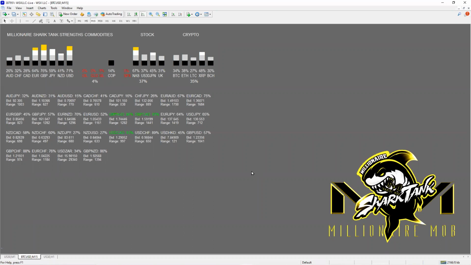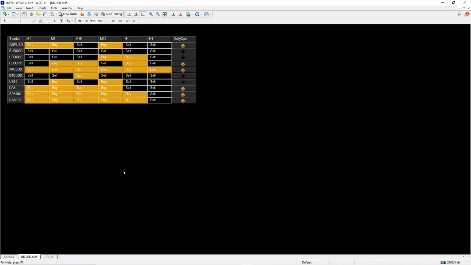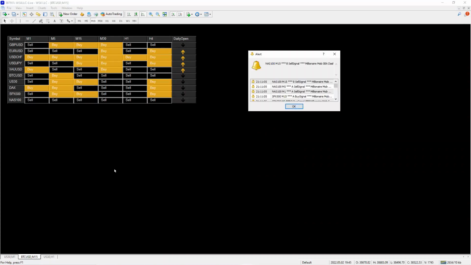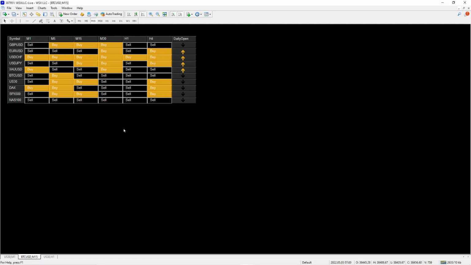When you come over here to the dashboard, it even makes it easier. This is going to tell you what already has a star bar arrow in it for you to get into. Like, it's going to show you NAS 100, sell across the board. You have all the way across a sell, and you have the black arrow. That's a complete sell.